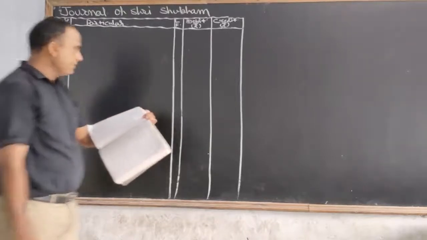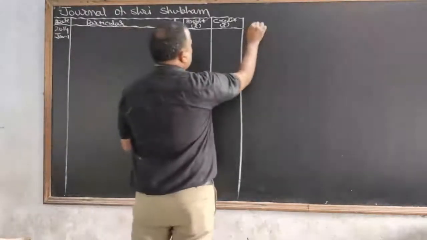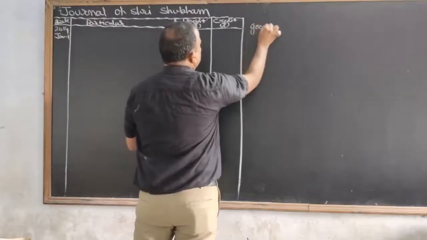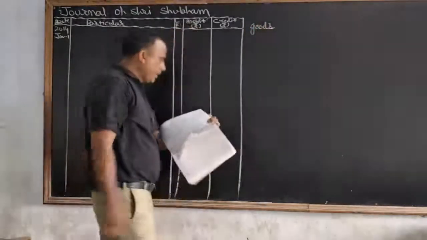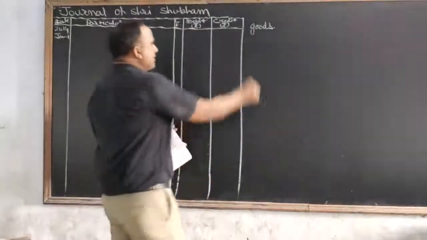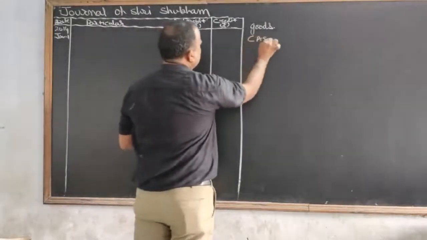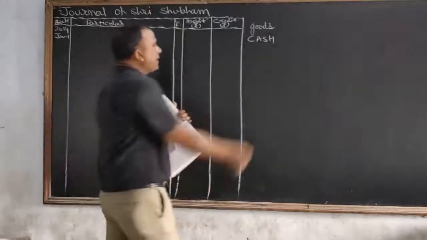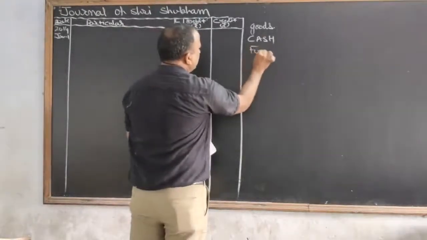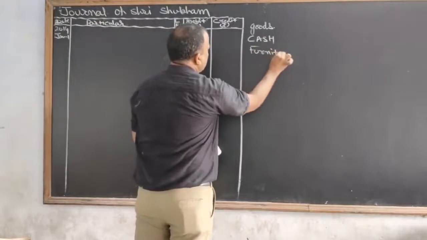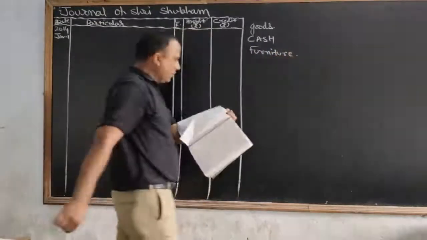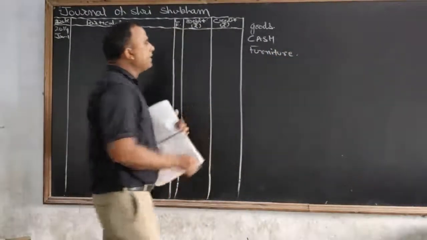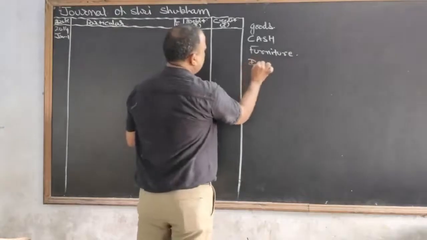So in this transaction, first one, goods account is affected. Second, cash account is affected. Third, furniture account is affected. Fourth, debtors account is affected.